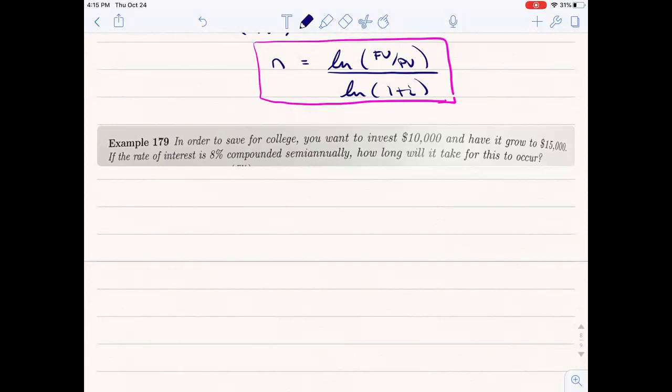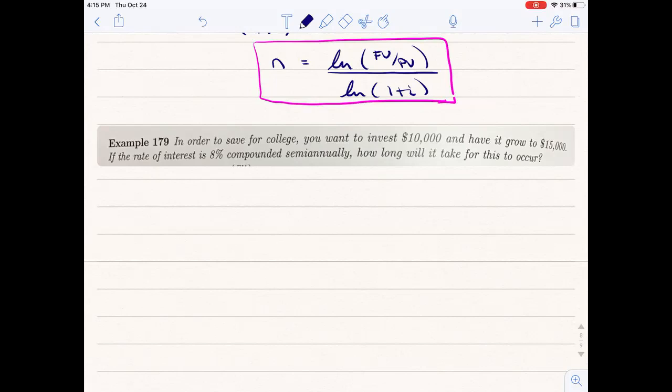You want to invest $10,000. Maybe not so familiar. I don't know about you, but I definitely did not have 10 grand. And have it grow to $15,000. Wouldn't that be nice? If the rate of interest is 8% compounded semi-annually, how long will it take for this to occur? How long is it going to take for $10,000 to grow to $15,000 if the rate of interest is 8% compounded semi-annually?